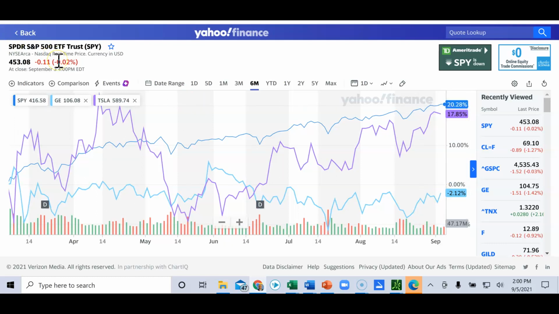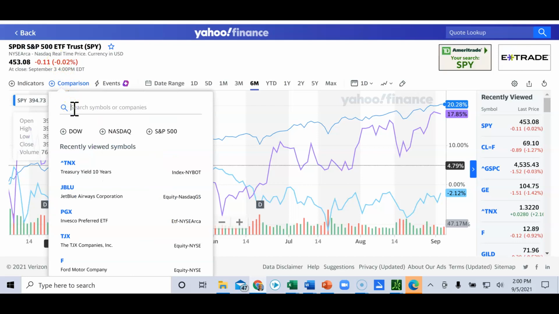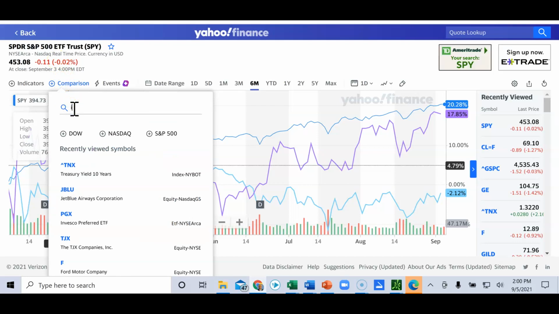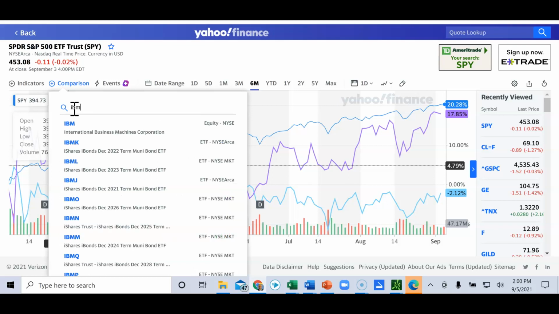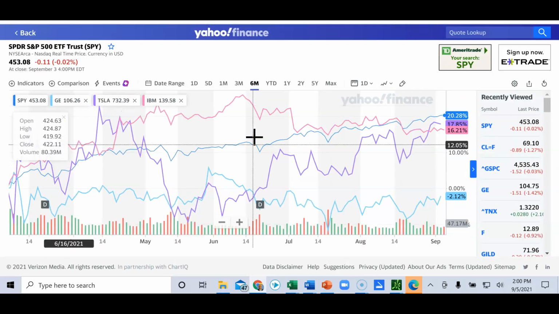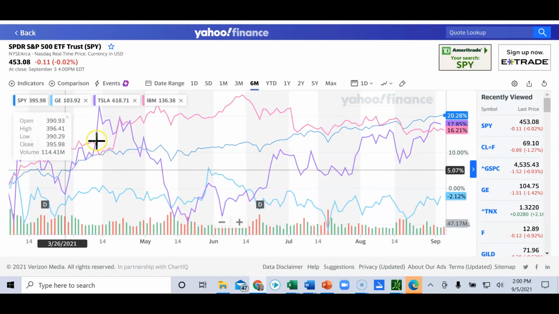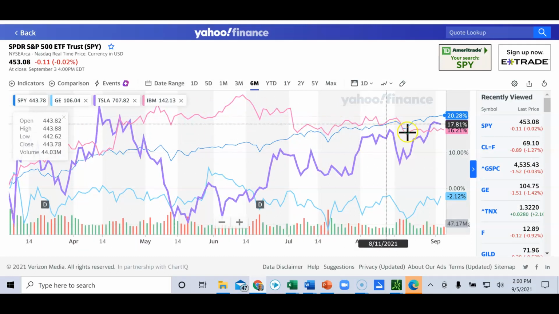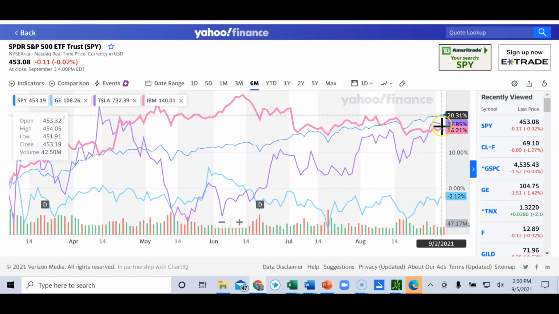But let's say I put in another stock, maybe IBM. Okay, if I put IBM in there, it's going to give me a different color. You can see overall IBM over the last 6 months has done relatively well, almost as good as Tesla, but not as good as GE has done over here.